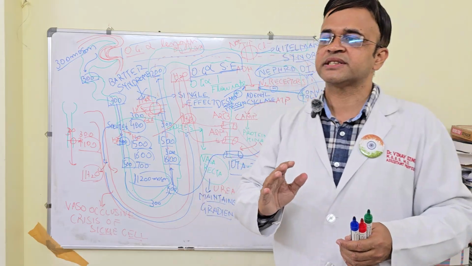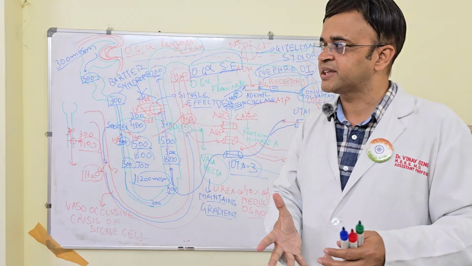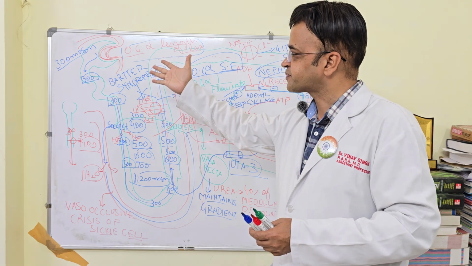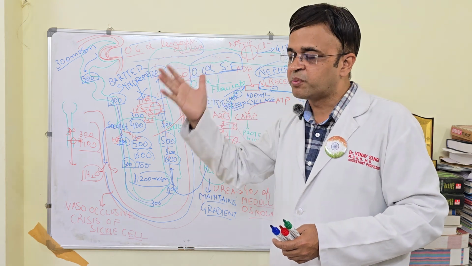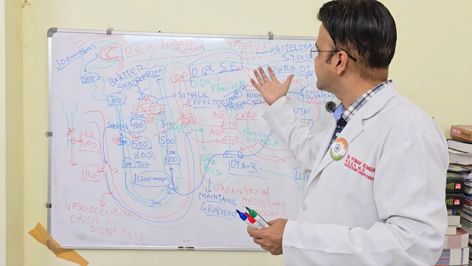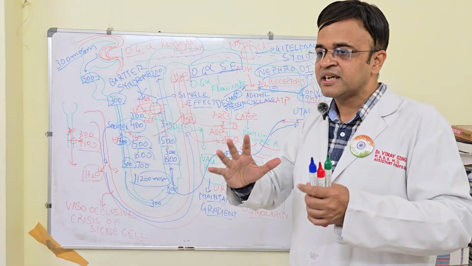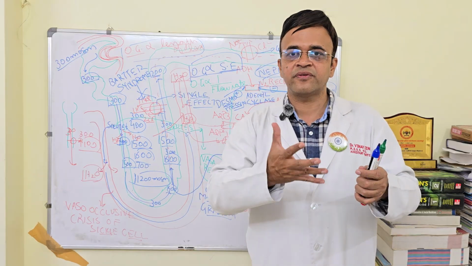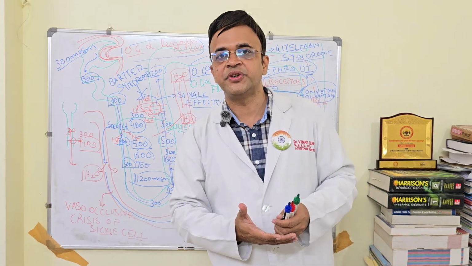So to sum up everything, the loop of Henle, DCT, collecting duct and vasa recta, all these structures interact with each other for concentration of urine.